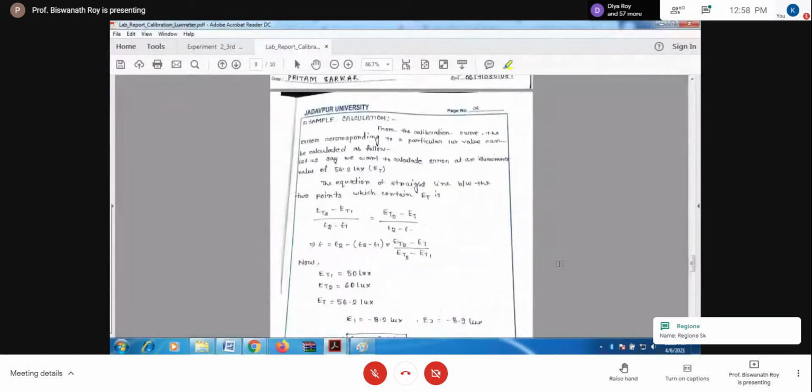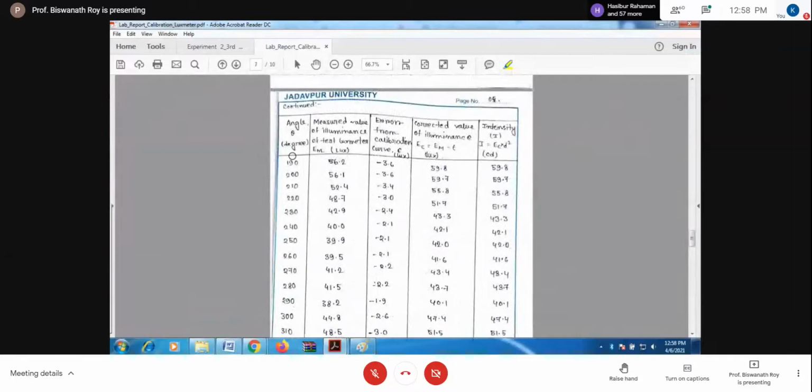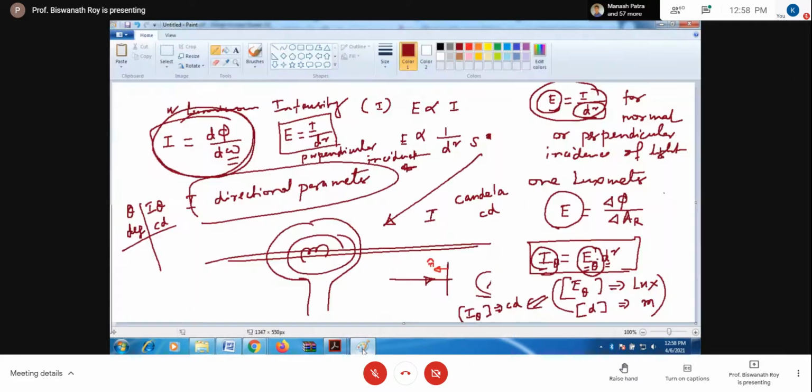Here, see, I have two sets of data. This angle, and the intensity. So with these two sets of data, here it is 0, 10, 20, up to 350 degree, right? So here I0, I10, like this, I350.